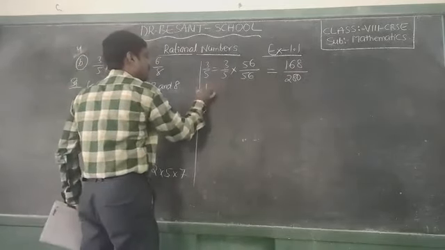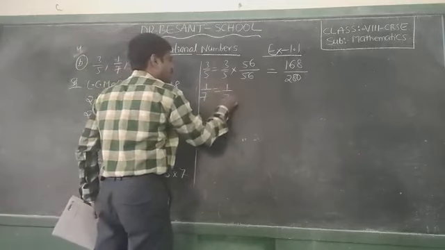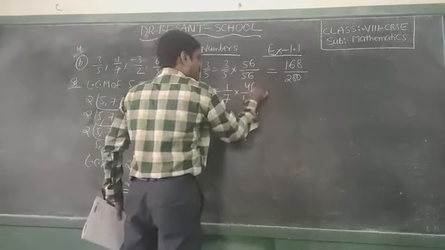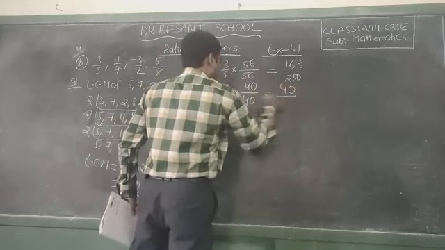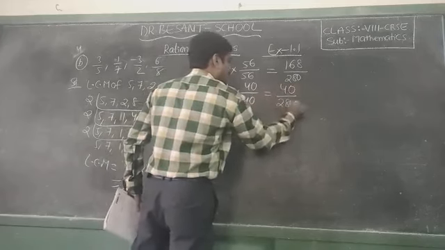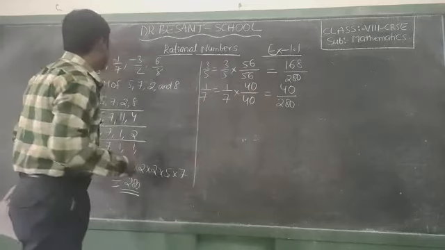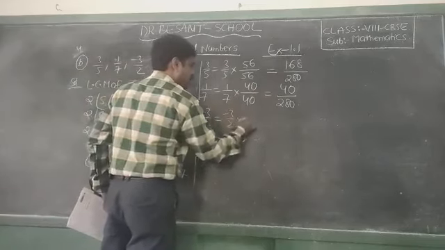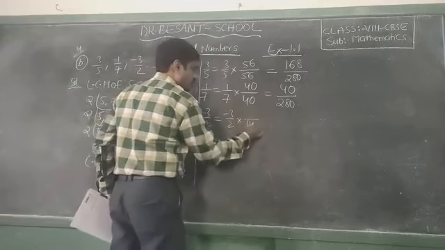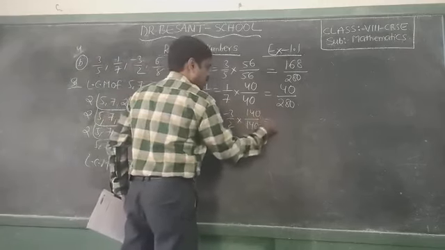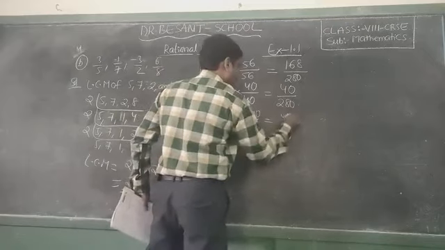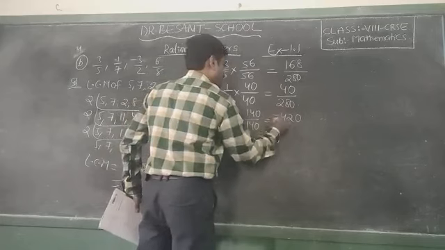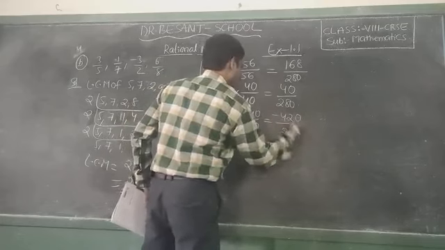Next, 1 by 7 is equal to 1 by 7 into 40. 7 40s are 280. So 40 by 280. Next, minus 3 by 2, minus 3 by 2 into 140, 2 140s are 280, so minus 420 by 280.